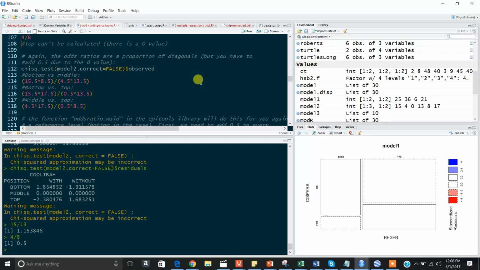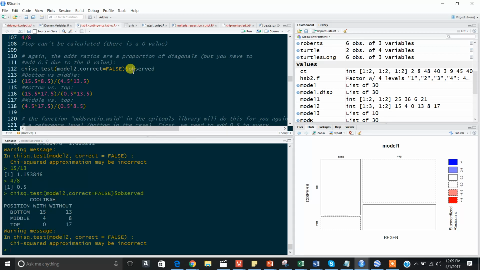Otherwise, R gets very angry with us, and then we can't run the odds ratio test. So I'm going to run the observed chart just so we can have it close by. Okay, so again, we're going to do our proportions.